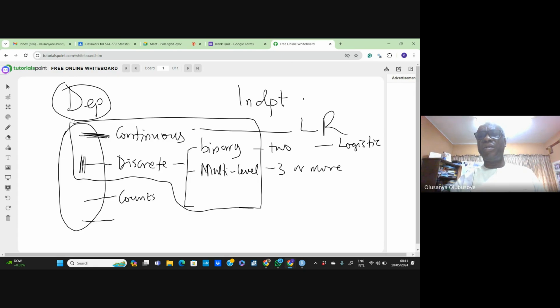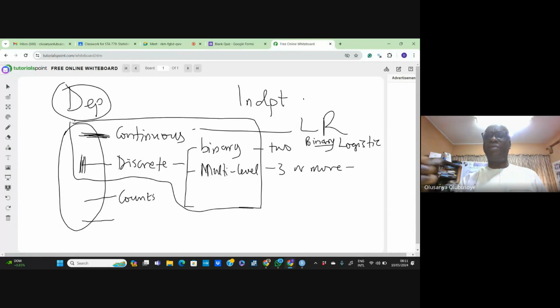For 3 or more, you also use logistic regression. But for 2, that's the one you call the binary logistic regression.